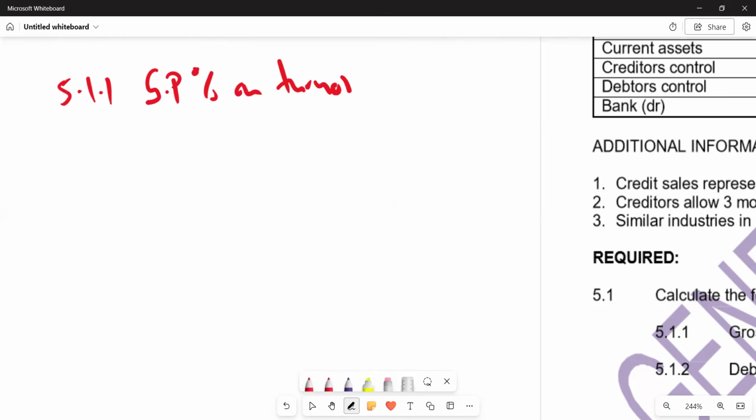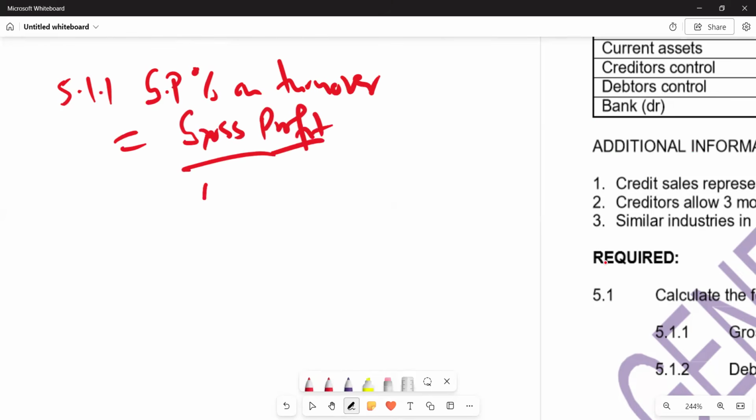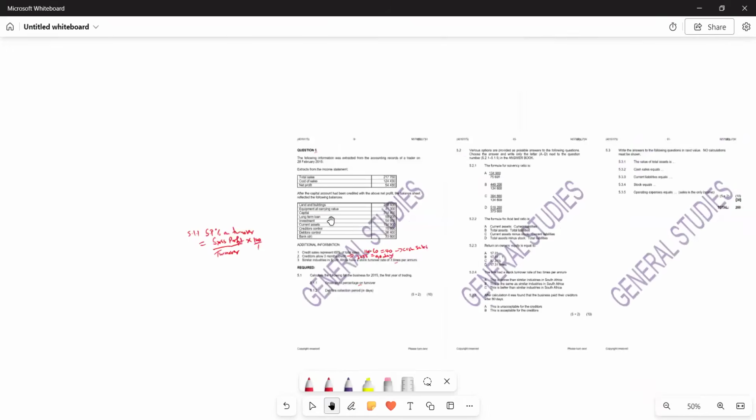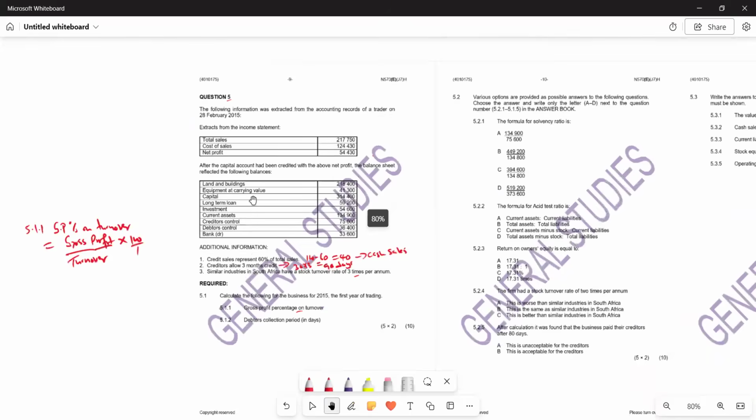The formula that we are going to use is gross profit over turnover, times 100 over 1. Obviously, we're going to leave it as a percentage. So we now check what figure for gross profit and what figure for turnover we have in the question.